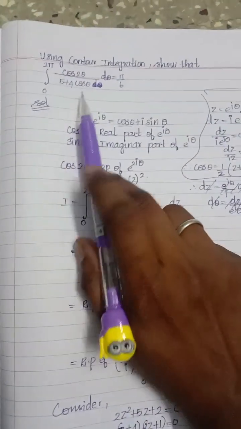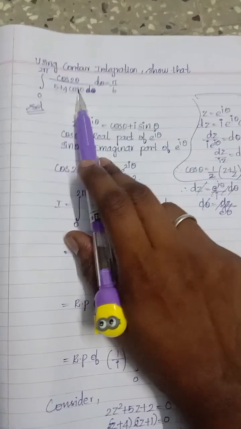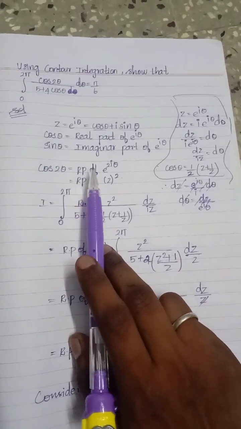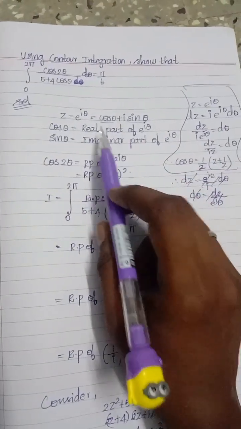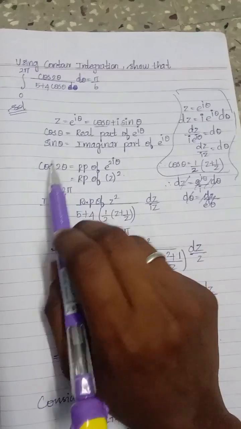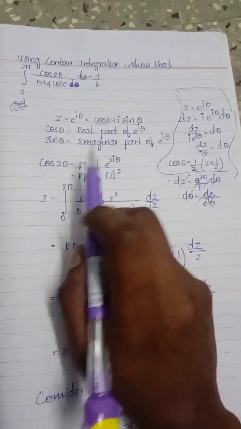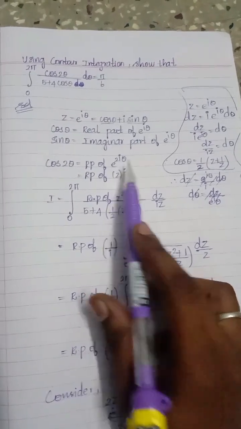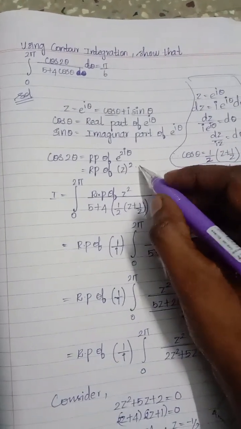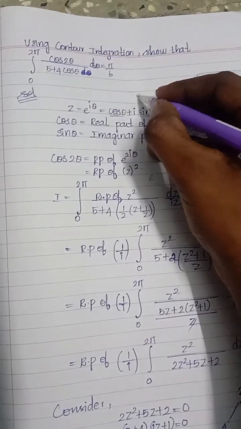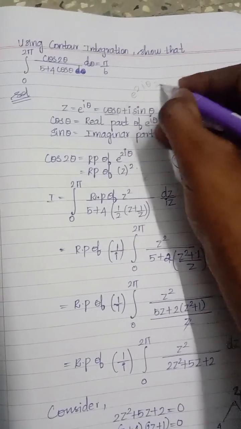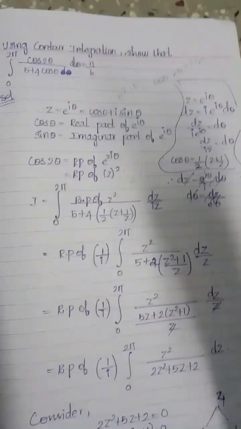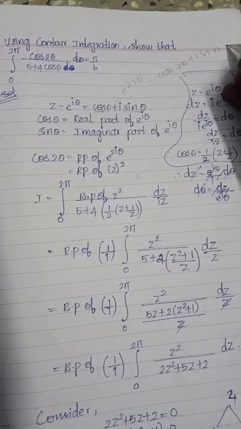So in our question we have cos 2 theta. For cos theta we can write the real part of e power i theta. So if we have cos 2 theta, this is very easy. The real part of e power 2i theta, which is e power 2i theta, can be written as cos 2 theta plus i sin 2 theta.